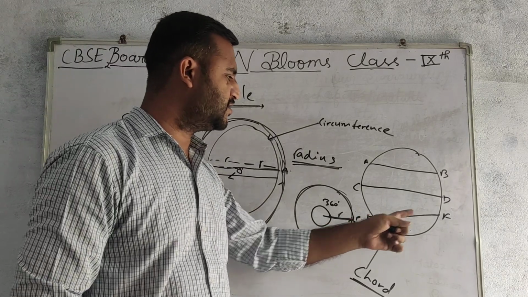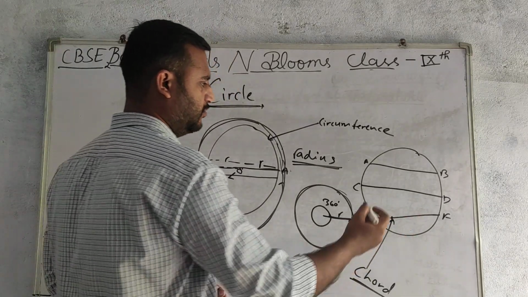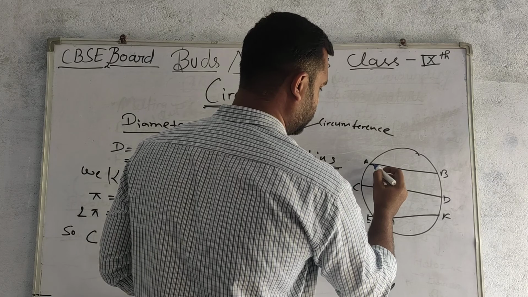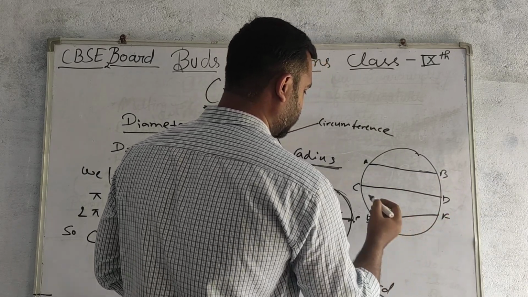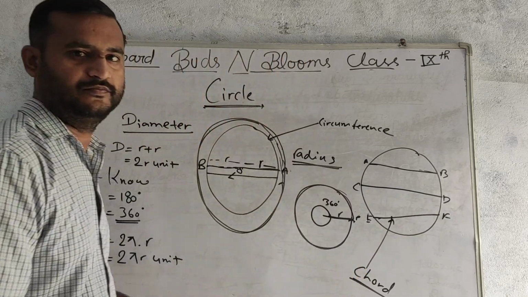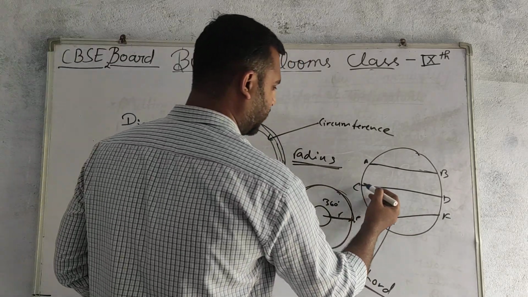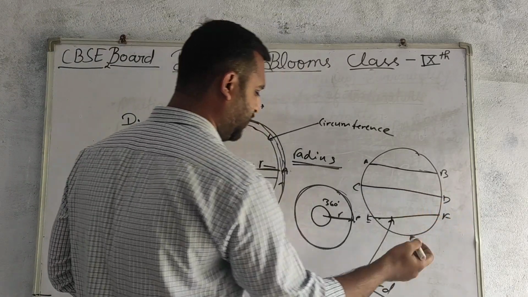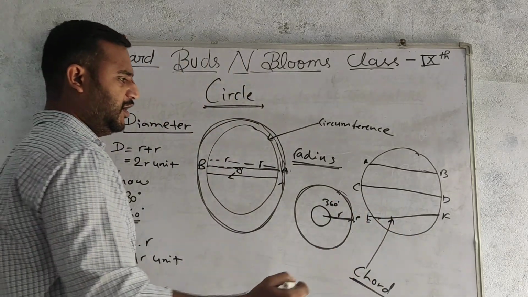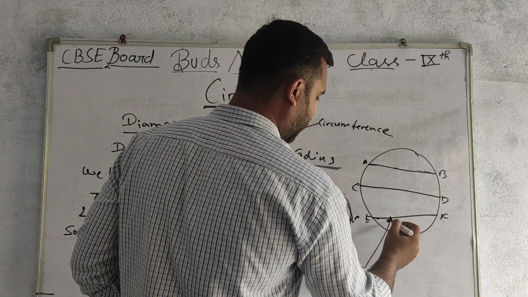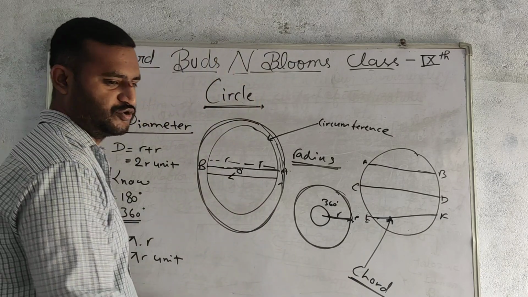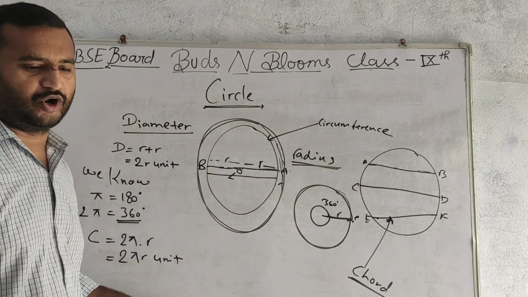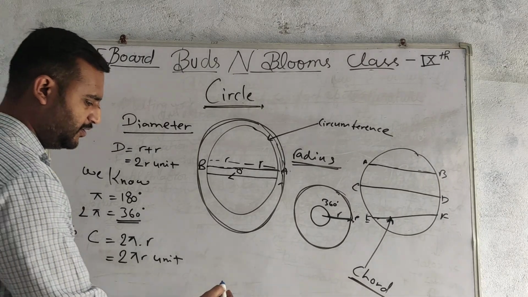So chord is that distance which is in a circle from one point to another. It can be a diameter too. A diameter can be a chord, but all chords cannot be diameters. Okay?